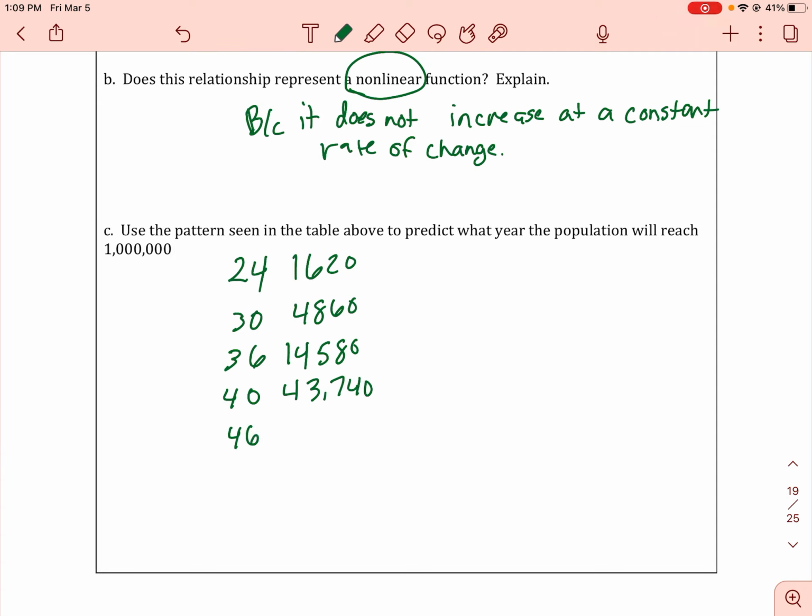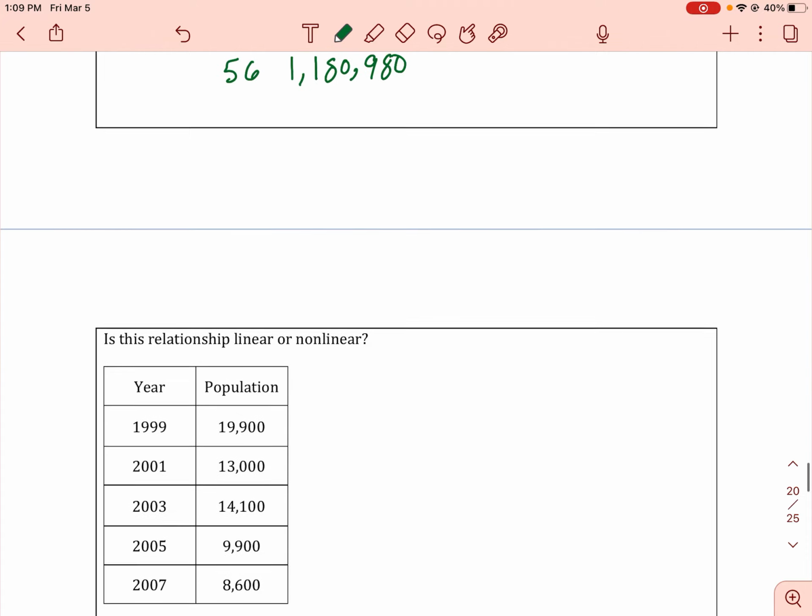At 46 months, we'll be at 131,220. 50 months, or 4.5 years, will be at 393,660 rabbits. And then at 56 months, so 5 years, we'll be at 1,180,980 rabbits. So in 5 years, we'll reach that rabbit population.